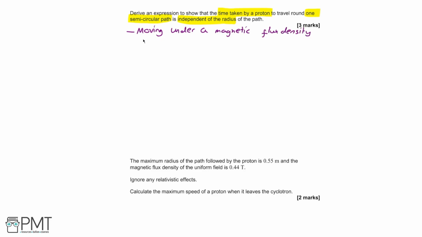So this means that we can use the equation F is equal to B times Q times V sine theta, if Q is equal to E, because this is a proton and it has a charge of 1 times the elementary charge. We also know that its motion is circular. So we can use equations like F is equal to mv squared over r. V, the speed, is equal to the angular speed times the radius.